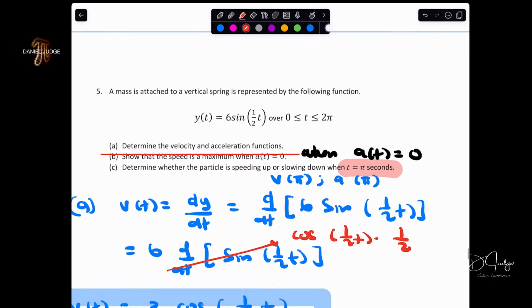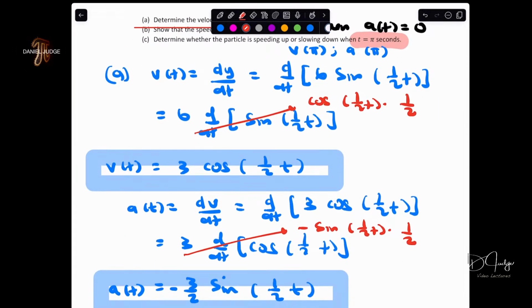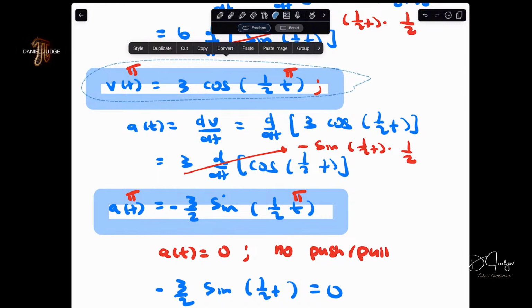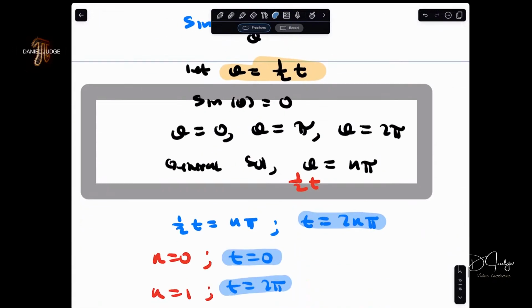All right, so v and a. Here's my v, by the way. So just plug in pi here, plug in pi here. And here's a, plug in pi here, plug in pi over here. So I'm going to bring all this stuff down. Okay, so we can find out what that is.